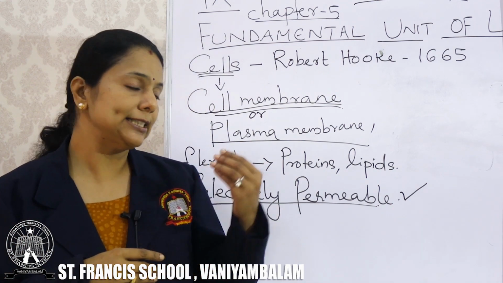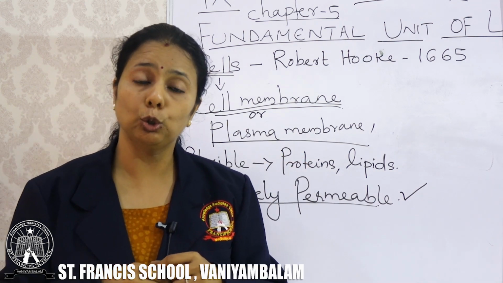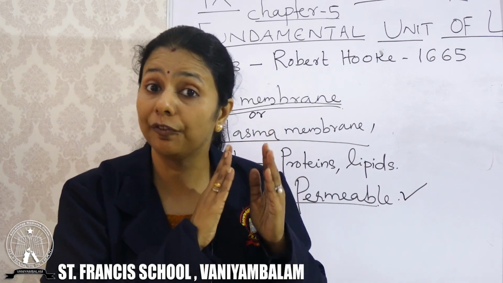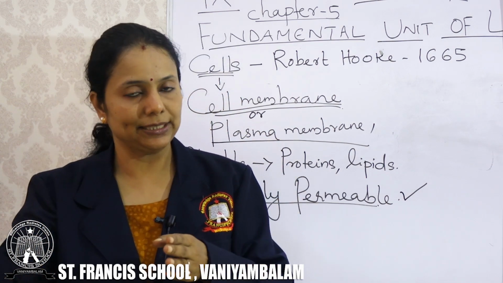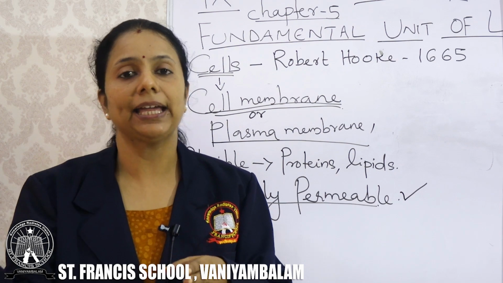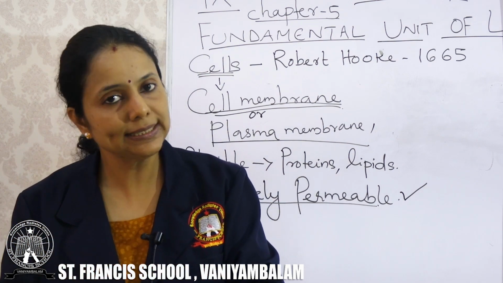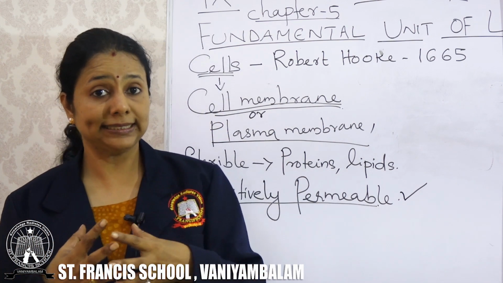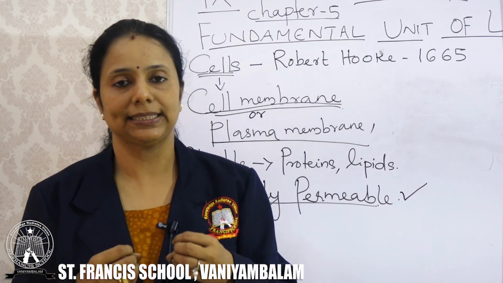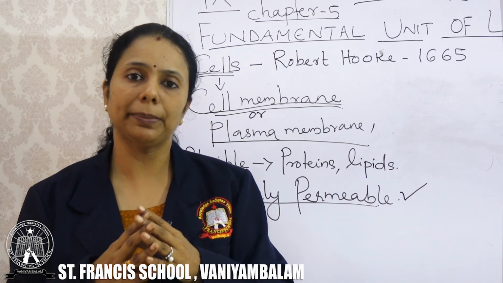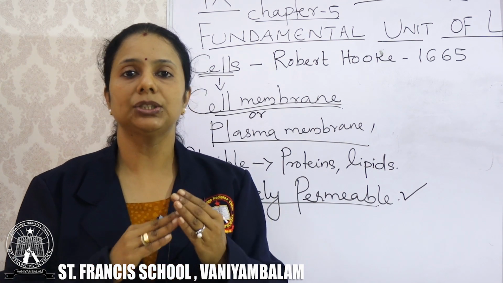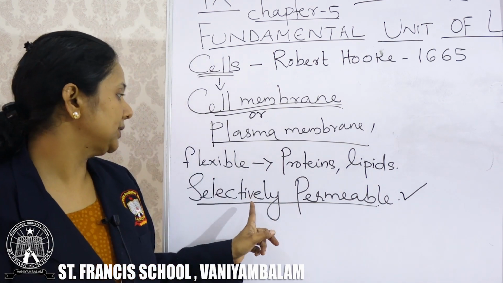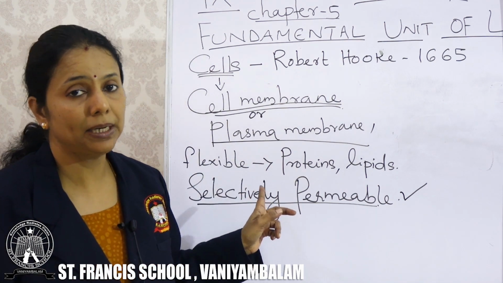So what will the plasma membrane do? The plasma membrane allows those harmful or waste substances to exit, or it excretes those waste materials out of the cell. But inside the cell there are nutrients, oxygen and all needed things. So the plasma membrane will not allow those things to go out of the cell. So that is why the plasma membrane is called a selectively permeable membrane.